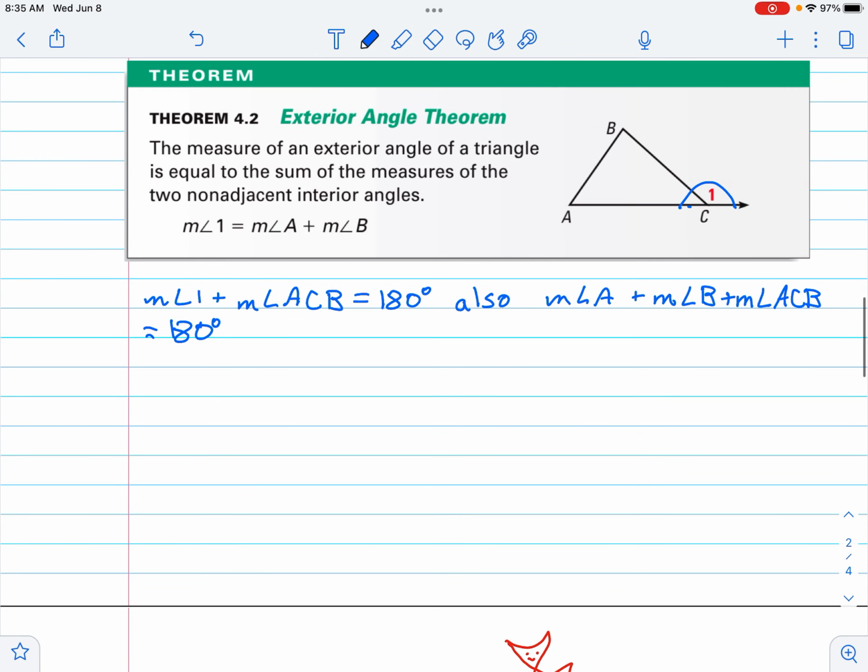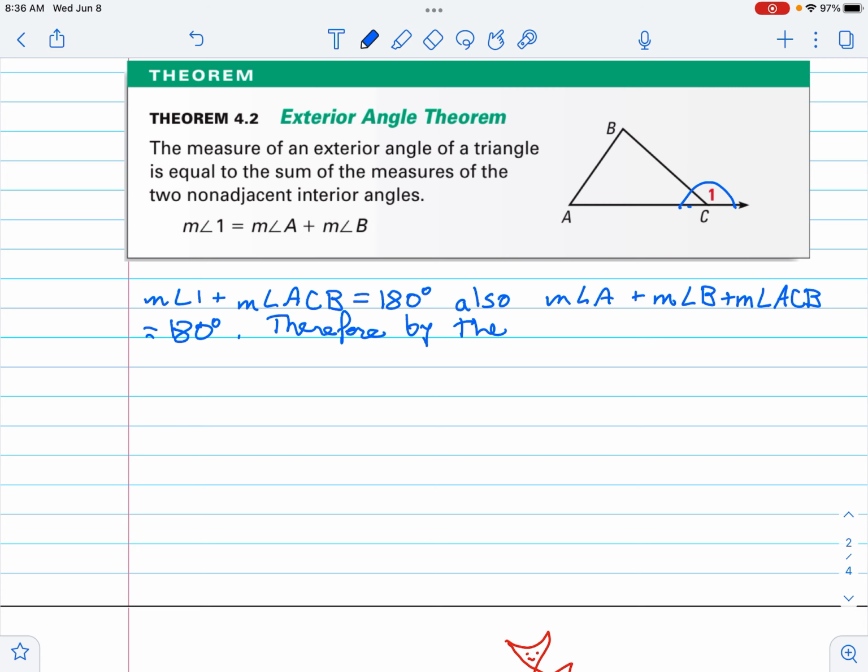So, therefore, by transitivity, I should call it the transitive property. I think in past videos I've misspoken and called it the transitory property. It's the transitive property.